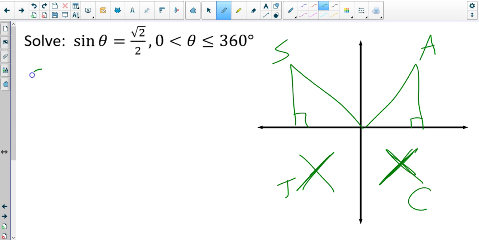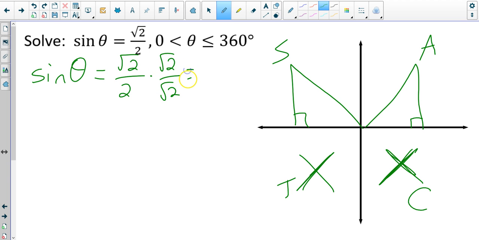If I unrationalize this numerator, so it's equal to the square root of 2 over 2, if I multiply top and bottom by the square root of 2, I end up with 2 over 2 square root of 2, which would simplify to be 1 over the square root of 2.